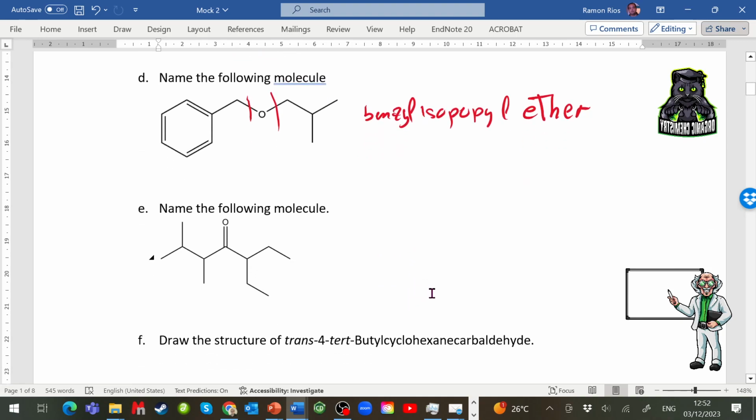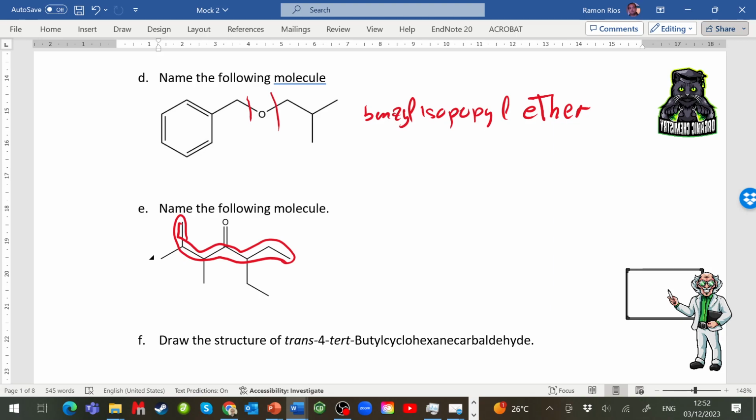Next one, we have a ketone. The first thing that we need to do is find the main chain. The main chain will be this. Now the problem is deciding which side to start from. The ketone is always in position 4, so we cannot choose either side to start.